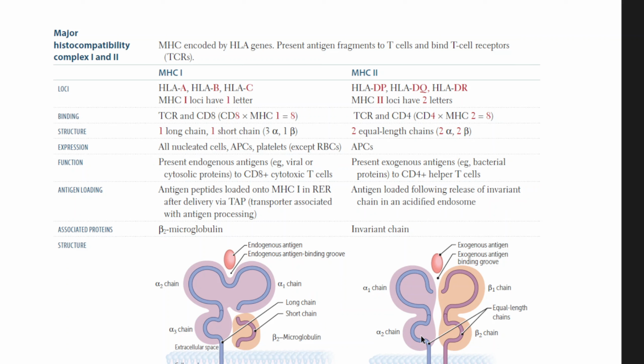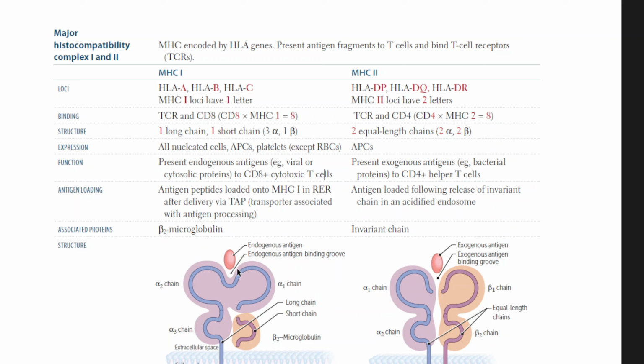So one long chain here, and on the other side another long chain. So there you have two long chains, 2 alpha and 2 beta. In the case of MHC1, we have one long chain and one short chain, and remember, we have inside 3 alpha and 1 beta.